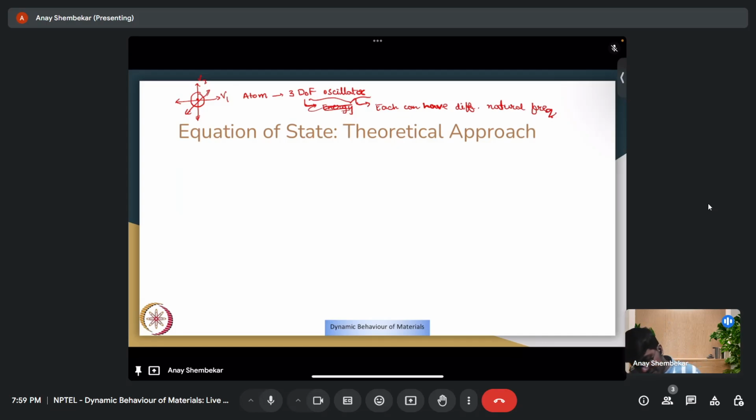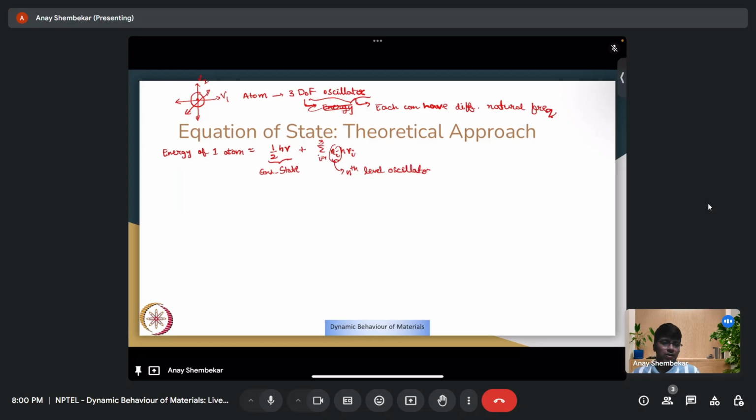And if I now have to evaluate the energy of one atom, there is a component of ground state energy, half h nu, this is the ground state, and there will be a summation of ni h nu, i equal to 1 to 3. This ni refers to the nth level oscillator.